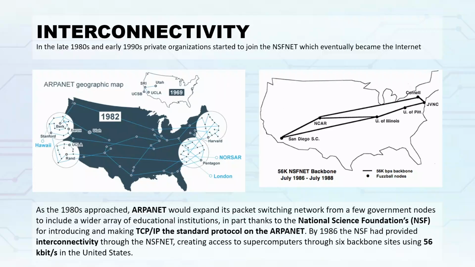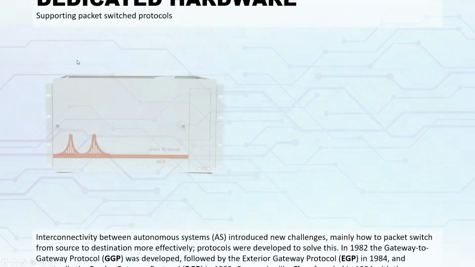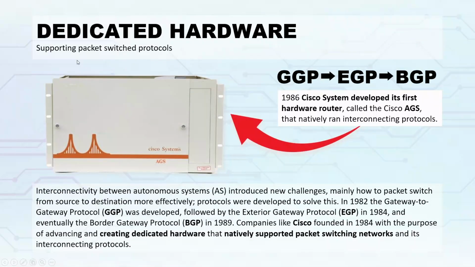Then the National Science Foundation created a backbone consisting of 6 sites at a whopping 56K each circuit. This backbone brought even more entities into what was then called the ARPANET. And we needed a way to facilitate all this interconnectivity and all these autonomous systems.